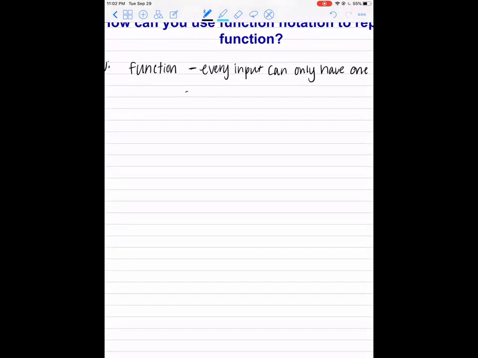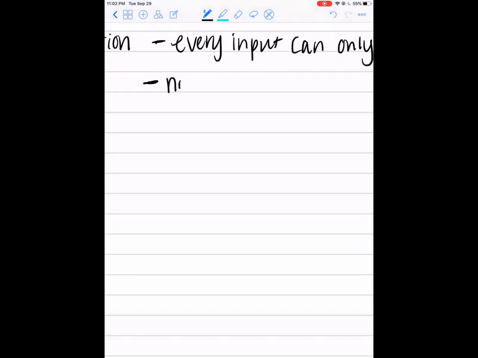Another way to think about that, especially with tables and sets of ordered pairs, is there's no repeating x values. Or, especially for graphs, it passes the vertical line test.